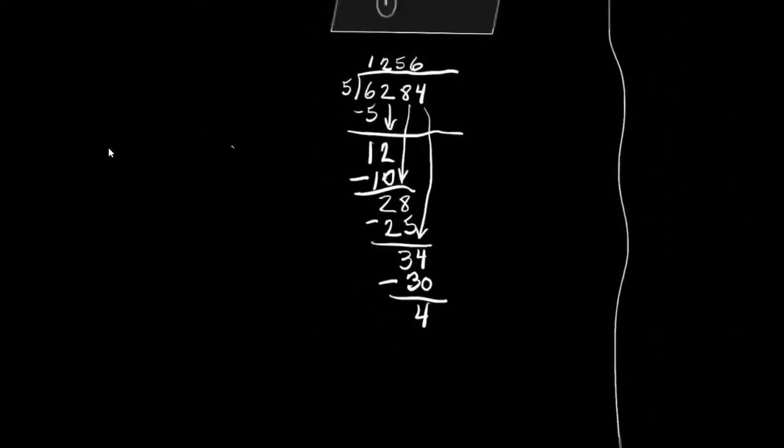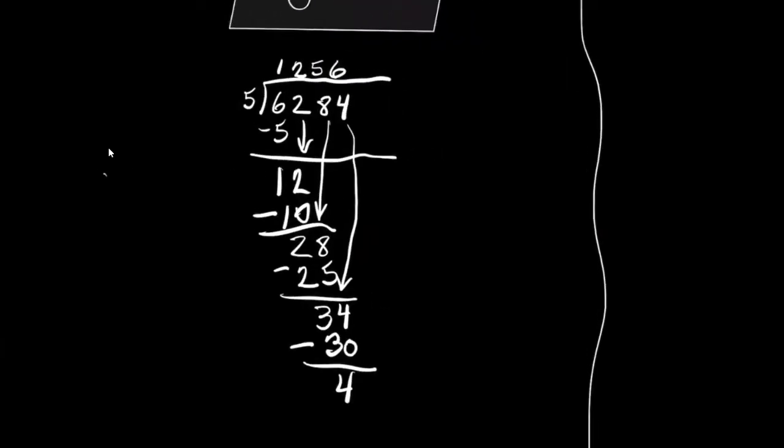Now there's nothing else to bring down. So that means 6284 divided by 5 is really equal to 1256 plus the remainder over the divisor, so 4 over 5. So 1256 and 4/5. And just to make sure that we're correct here, or if we're doing number theory or trying to write this quotient as a product, if we multiply both sides by 5, look what happens.